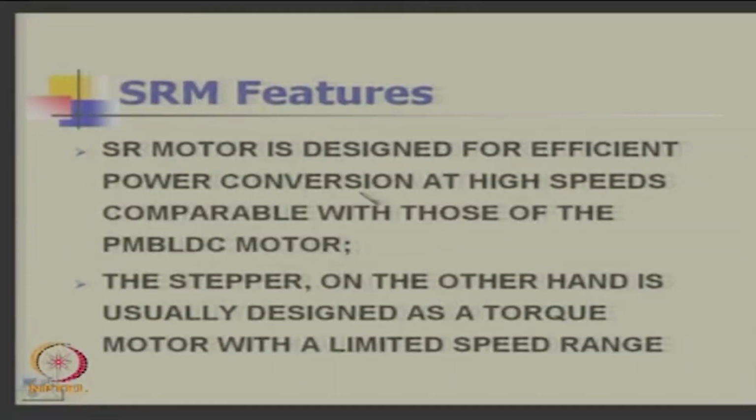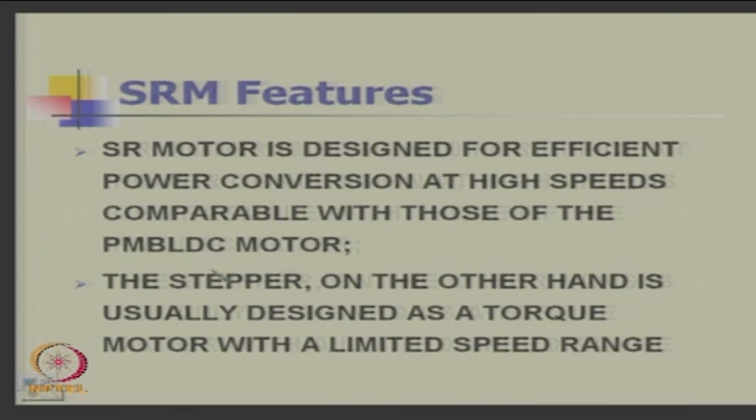This switched reluctance motor is designed for efficient power conversion at high speeds, comparable with those of permanent magnet brushless DC motors. These are supposed to be more efficient compared to PMBLDC, but of course, this is being debated, because brushless DC also has very good efficiency.